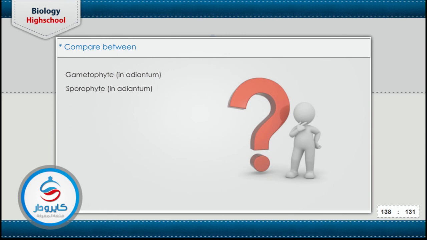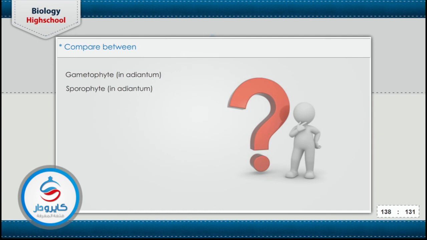Gametophyte divides by mitosis only to form gametes, but the sporophyte divides by meiosis to form spores. The gametophyte acts as a temporary stage because the sporophyte depends on the gametophyte to grow.